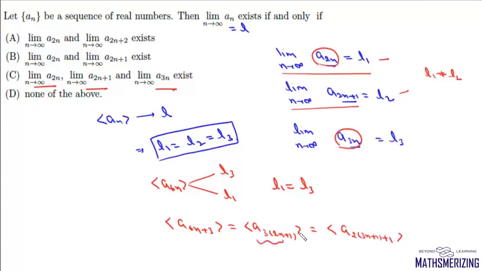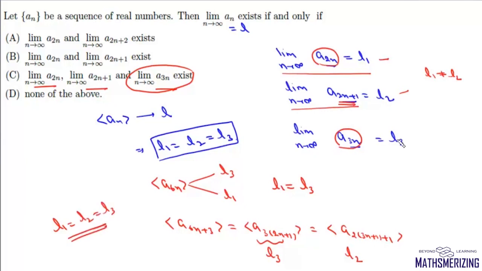Now this is a subsequence of a3n, so it will converge to L3, and this a2 into 3n plus 1 is a subsequence of a2n plus 1, so it will converge to L2. So the limit as n tends to infinity of an will exist if and only if L1 is equal to L2 and it is equal to L3.